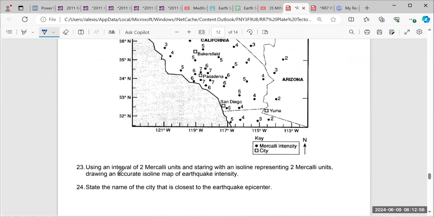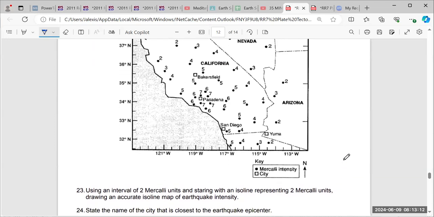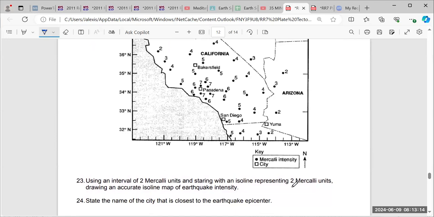Number 23 says, using an interval of 2 Mercalli units and starting with an isoline representing 2 Mercalli units, draw an accurate isoline map of earthquake intensity. So they want me to draw an isoline starting with 2 Mercalli units.